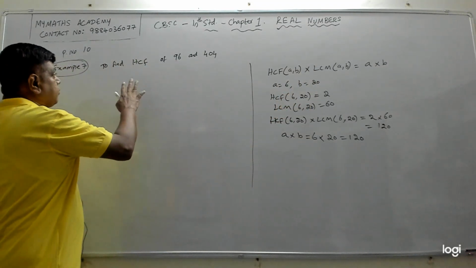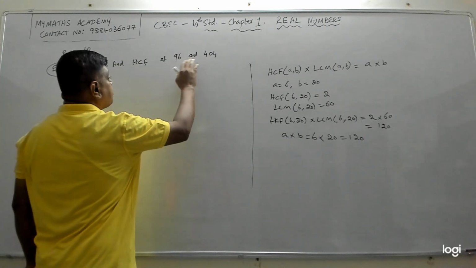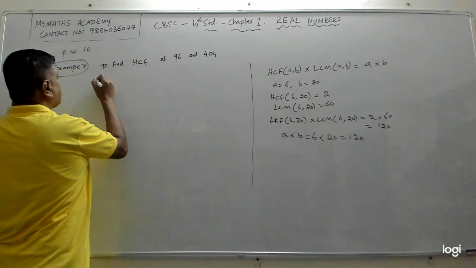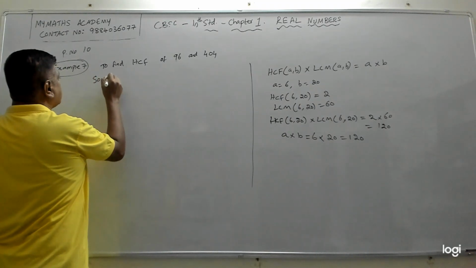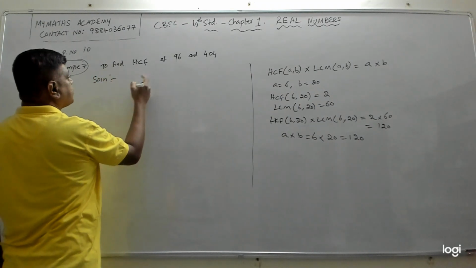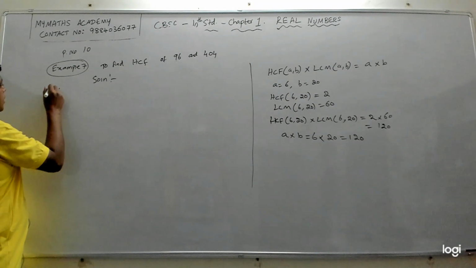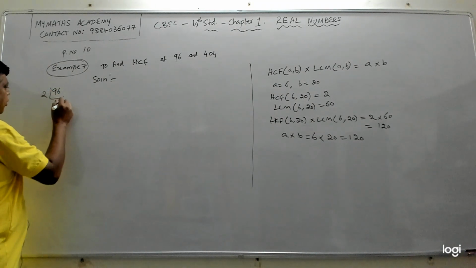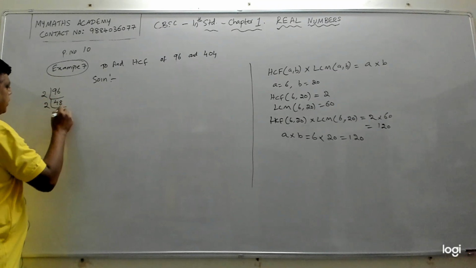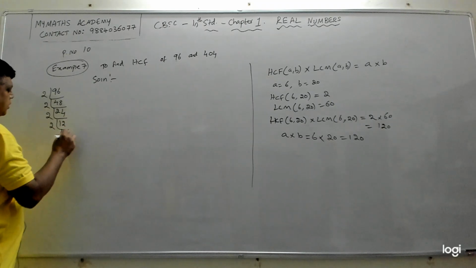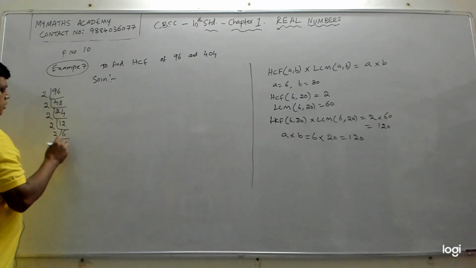Let's first find the HCF. We need to find the HCF between the two numbers using the prime factorization method. So we should write the numbers. Solution: 96 can be written as 2 times 48, 2 times 24, 2 times 12, 2 times 6, 2 times 3, 3 times 1.